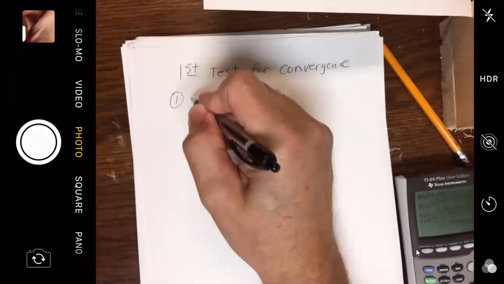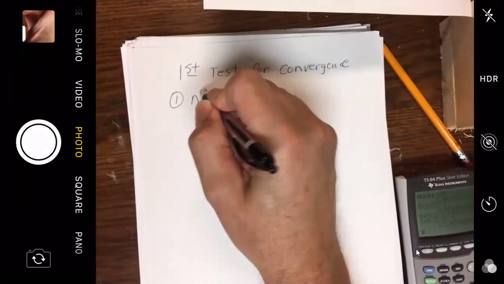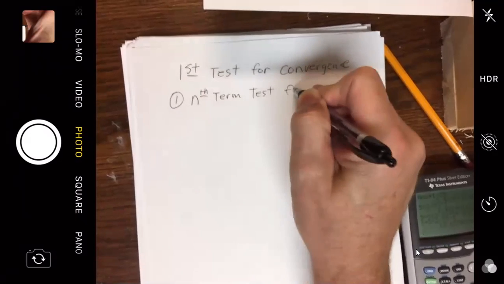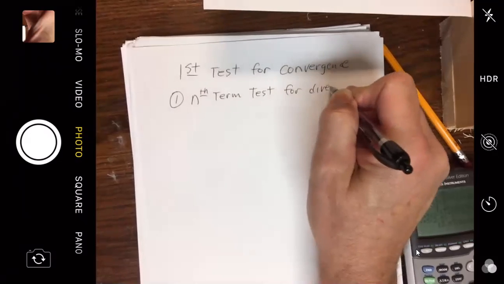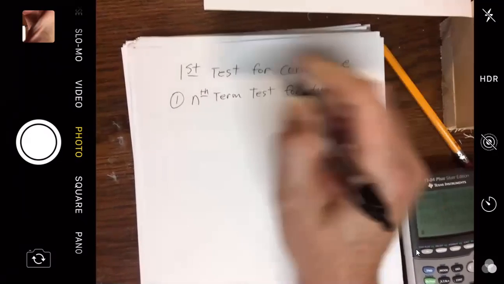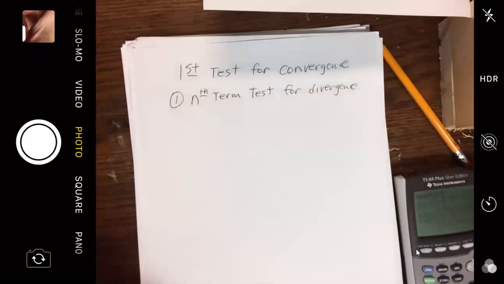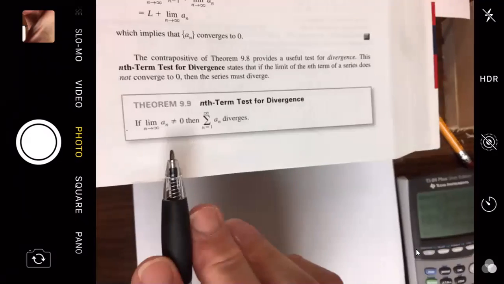Call this number 1. It's the nth term test for divergence.